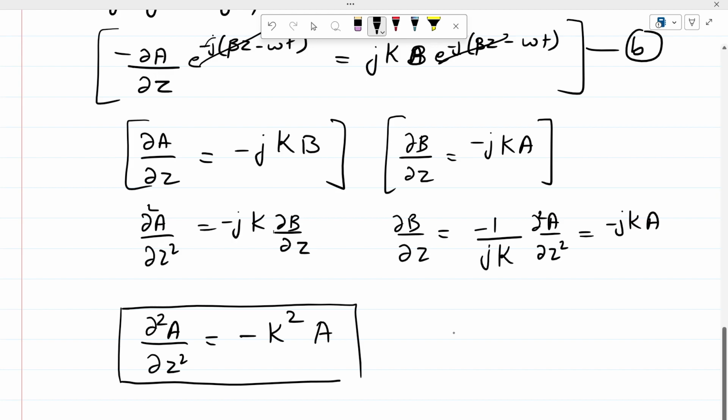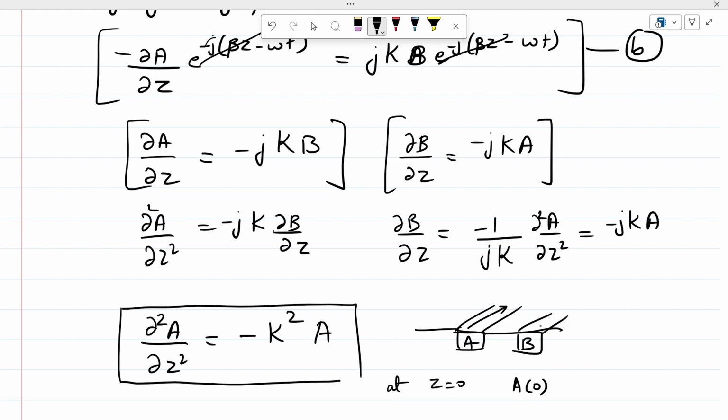Now I need to apply some initial conditions to solve the equation. Again, just to remind you, these were the two waveguides that we had. This is my waveguide A, this is my waveguide B. At Z equal to 0, I am saying that all the light intensity is in A. This is the Z axis, and starting at Z equal to 0, as it propagates, Z keeps on increasing.